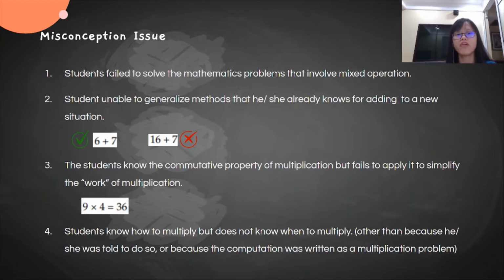And then the fourth misconception issue is students know how to multiply but do not know when to multiply, other than because he or she was told to do so or because the computation was written as a multiplication problem. This always happens when students cannot explain why he or she should multiply or connect multiplication to an action with the materials.